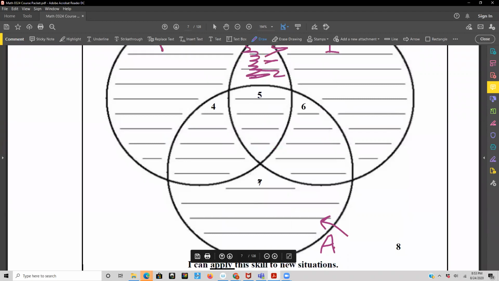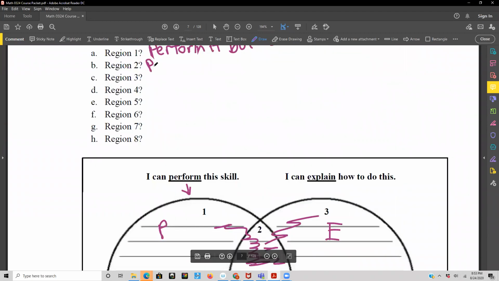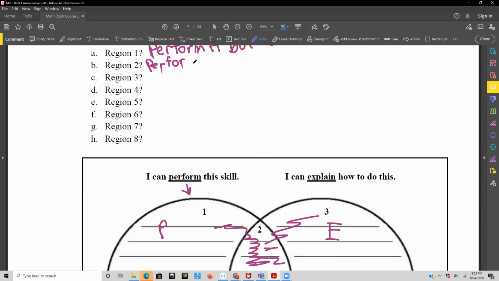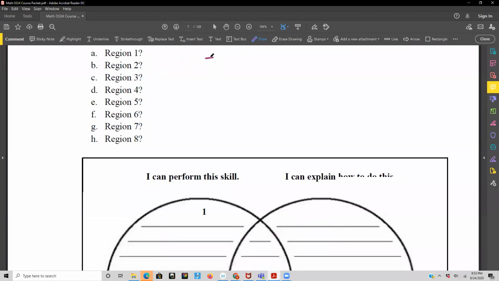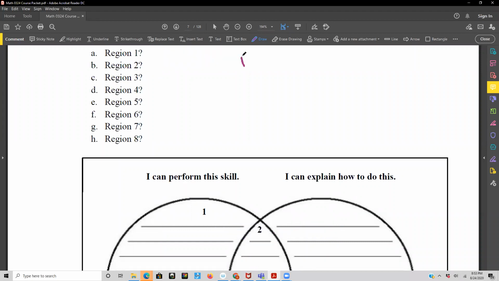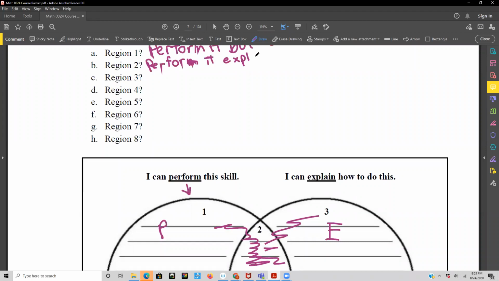All right, so this region would be I can perform it, explain, but not apply it.